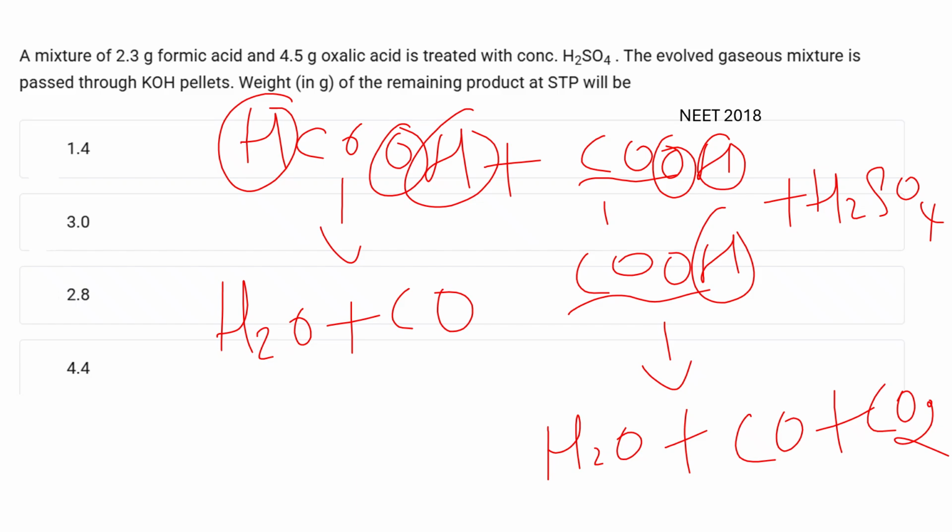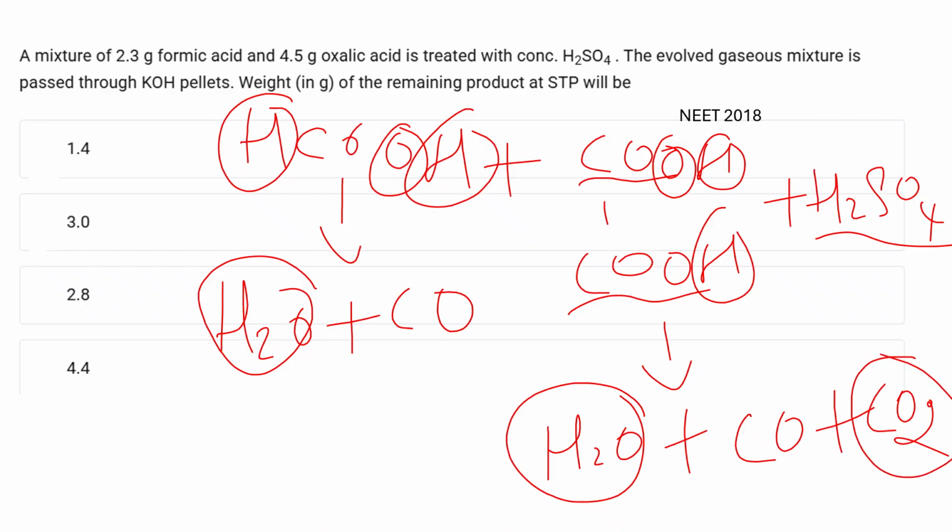What is the purpose of the KOH pellets in this case? First of all, we need to know why KOH pellets are used. The sulfuric acid absorbs all the water molecules, and the KOH pellets absorb carbon dioxide to form potassium carbonate.